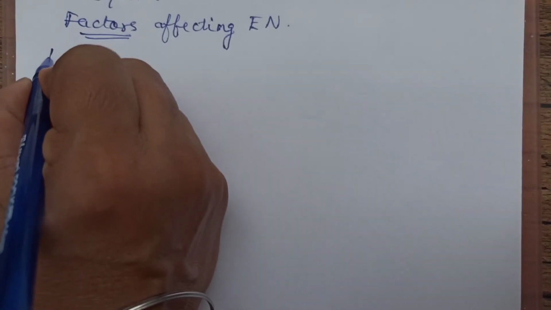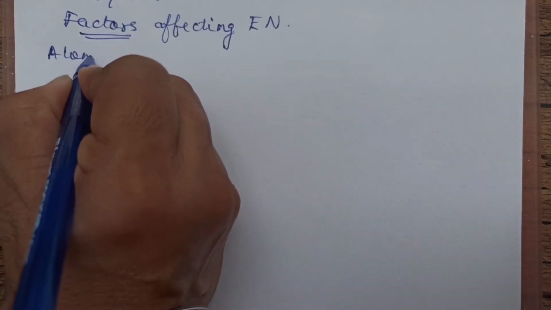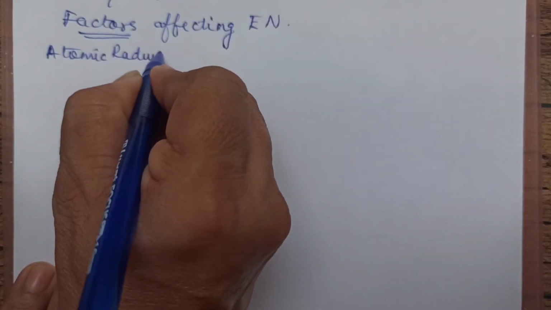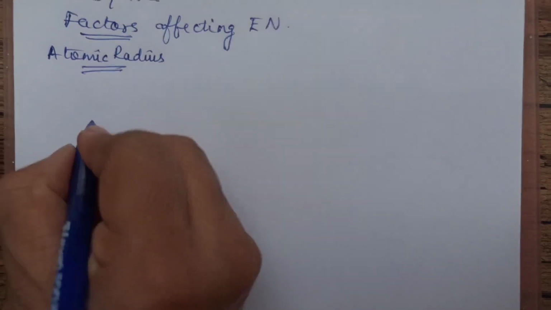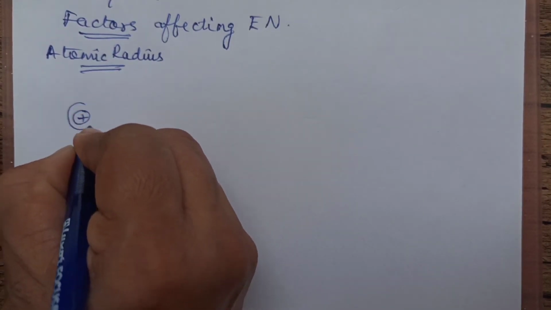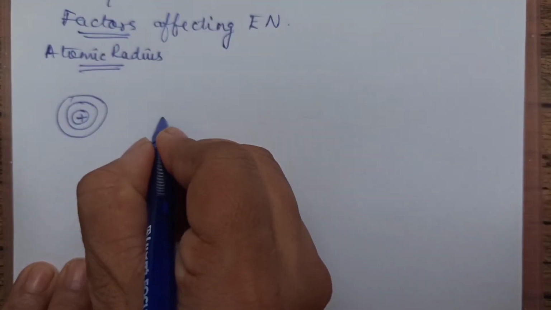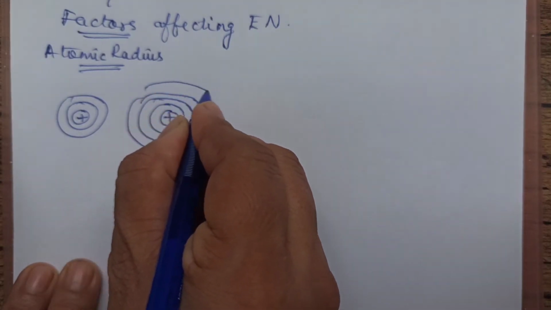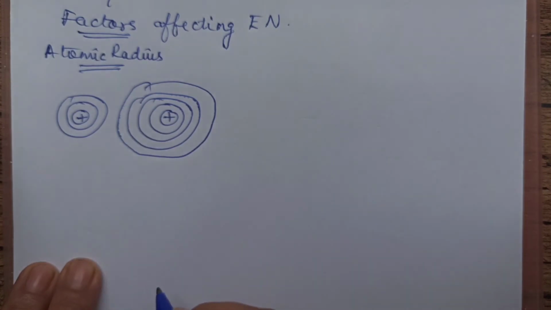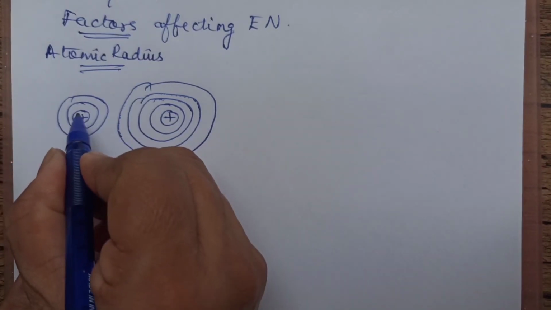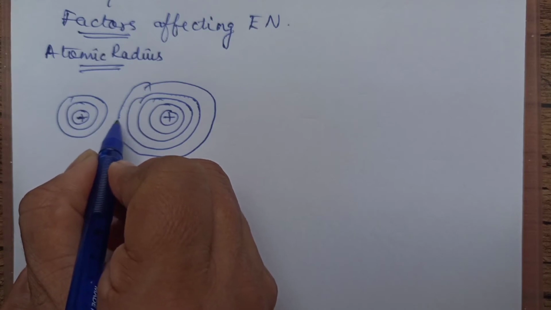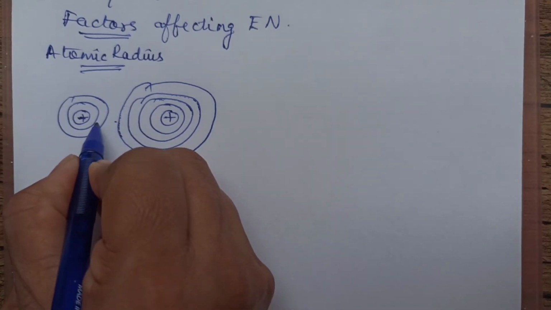The first factor is atomic radius or atomic size. Let us see about this. See, one atom which is having small size, another atom which is having number of shells, the size is big. Obviously, the one that is smaller in size will be able to pull the electrons of the bond to the greater extent, right?